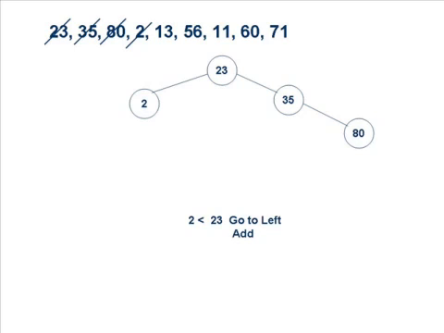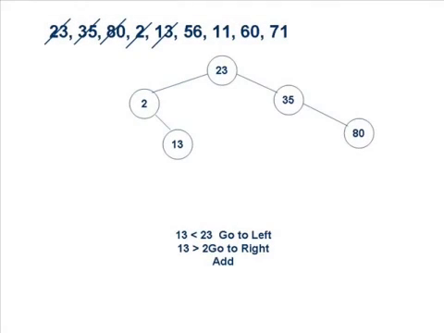The next number is 2. We take 2 and compare it with 23. 2 being smaller than 23, we place it on the left hand side, as per the rules of a binary search tree, that the node having the smaller value is placed on the left hand side of the root node. The next number is 13.